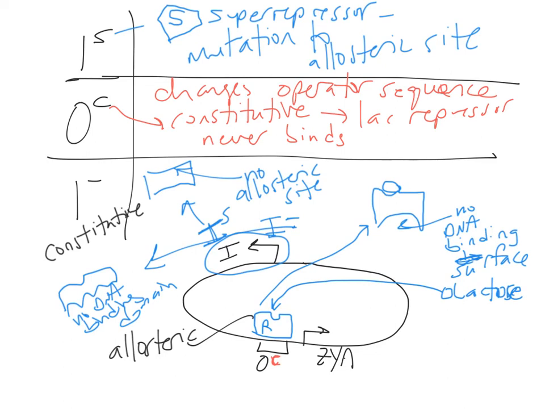You mutate the operator so that the repressor doesn't recognize it, you get constitutive expression. Or you mutate the repressor protein so it doesn't recognize the operator sequence, they don't interact, you get constitutive expression. That's all I know about the lac operon system.